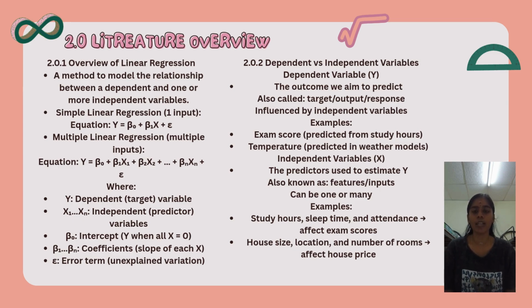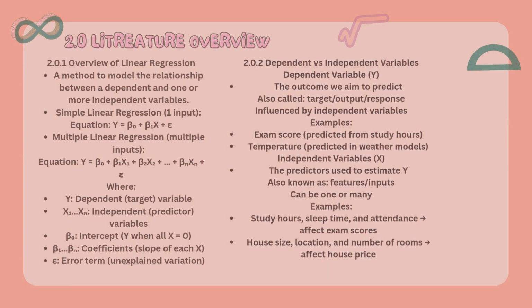They are also called inputs or features. For instance, study hours, sleep time, and attendance can be used to predict exam scores. Similarly, house size and location are used to predict house prices. In short, y depends on the value of x, and linear regression helps us find how strong that relationship is.